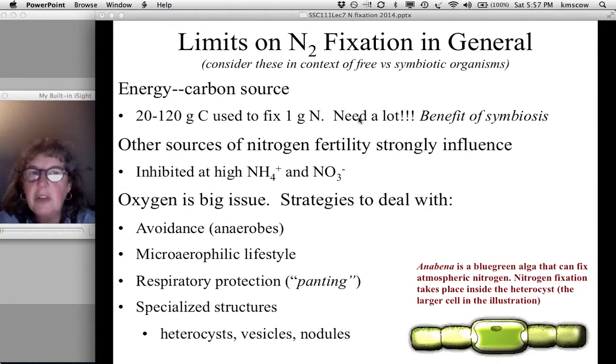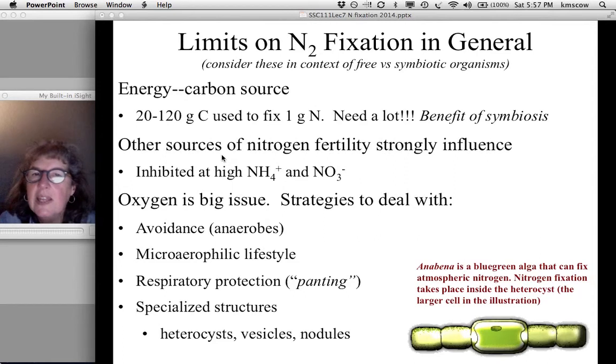If you have someone who's providing you with that carbon, then you're going to have a much better shot of being able to afford fixing all that nitrogen and have a good life.